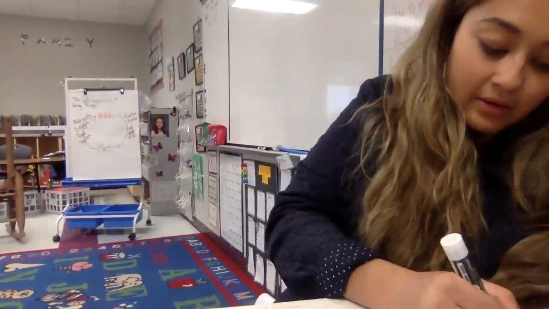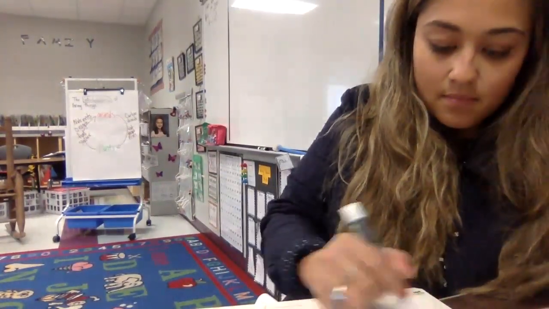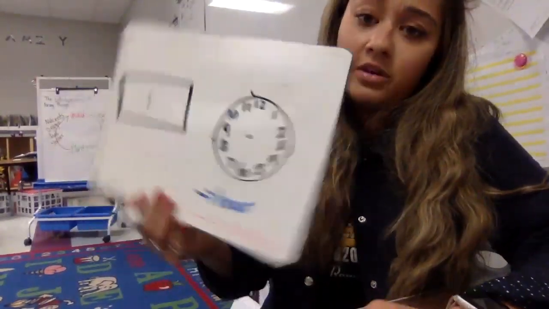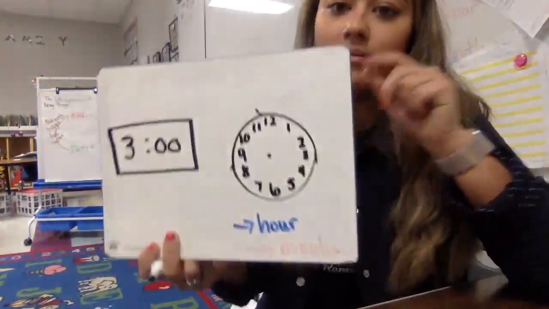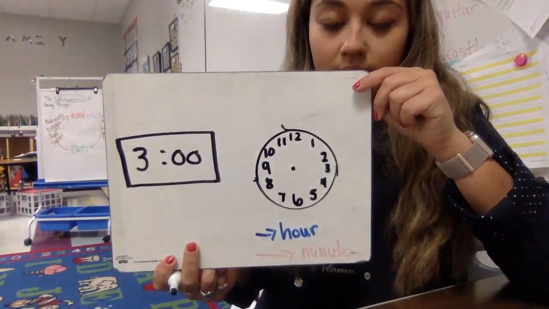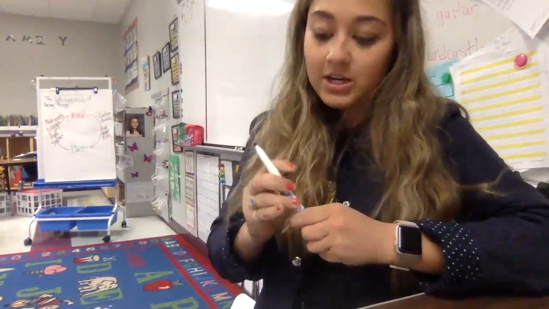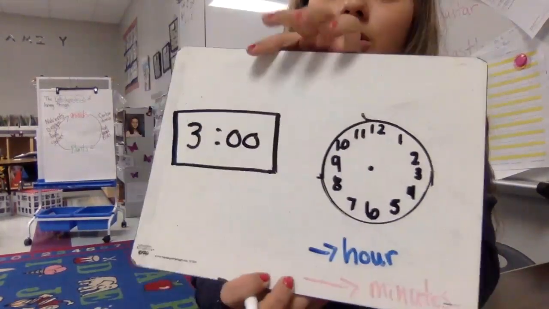Now I'm going to draw an analog clock. And let's say, for instance, it is 3 o'clock. The way I would write that on my analog clock is 3:00. Okay, let's get your blue and draw the hour. Where would my short hour hand point to? 3.